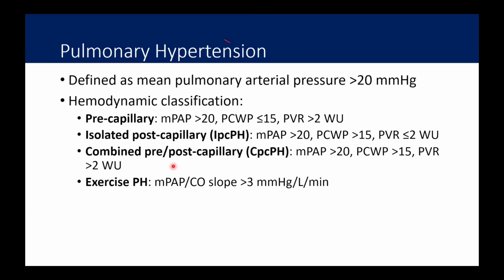And finally, combined pre and postcapillary pulmonary hypertension, where your wedge is elevated and your PVR is elevated beyond 2 Wood units. And finally, the guidelines go over exercise pulmonary hypertension, which is defined as a ratio of your mean pulmonary arterial pressure over your cardiac output slope of greater than 3 millimeters of mercury per liter per minute.